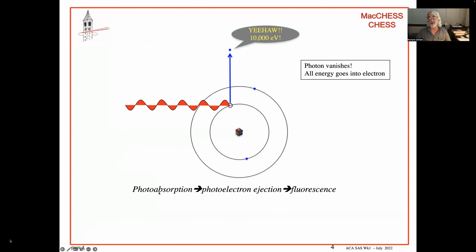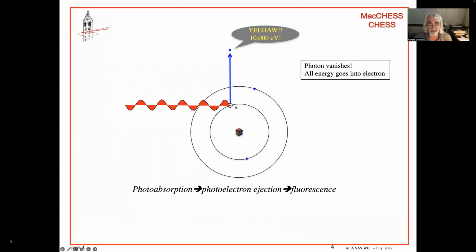Okay, so what I want you to understand is what happens when X-rays interact with matter. There are really three things that can happen. The most common, most pesky, annoying thing that happens is an X-ray comes in, that's this red wave here. It interacts with, I have a representation of the Bohr atom, this is a nucleus and these are electrons.